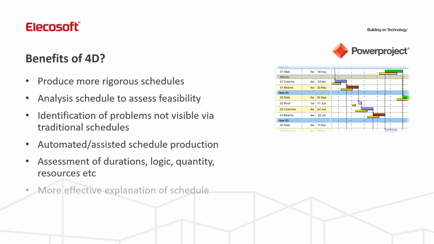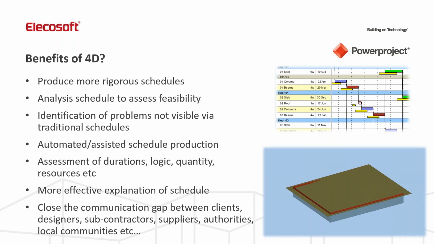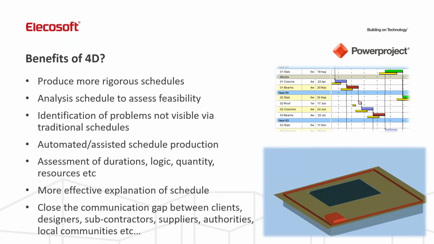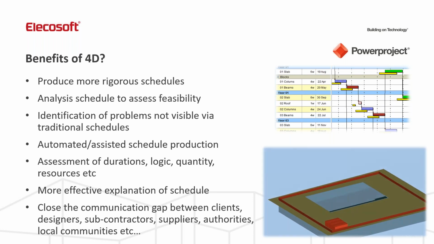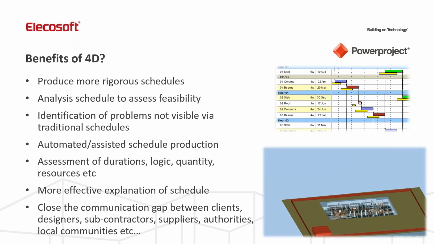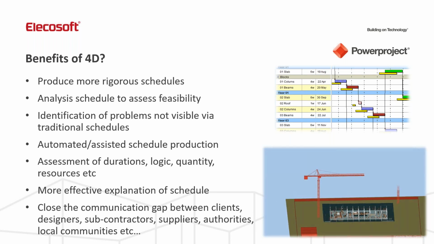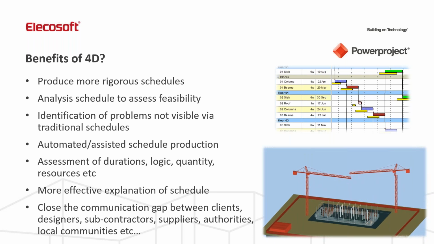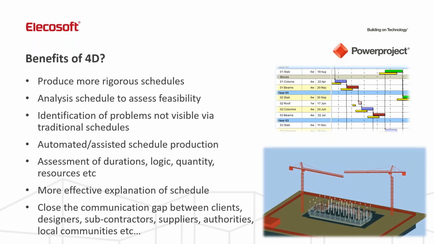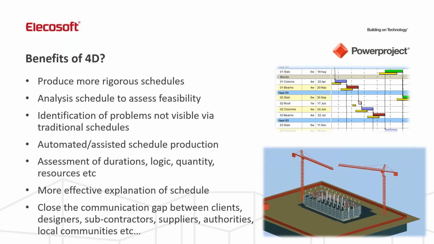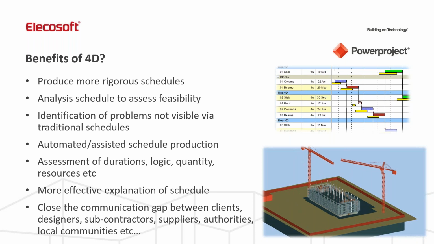There's a few more points coming on screen there about potentially automating some of this in the future. So that can be, for example, extracting quantities information from the model. And if we can have access as the planning team to quantity data at a touch of a button, just by touching a part of the model and it giving me an instant readout of quantities and volumes, that can allow me to perhaps make some sort of assessment on the duration, the number of resources that I need to finish that activity.